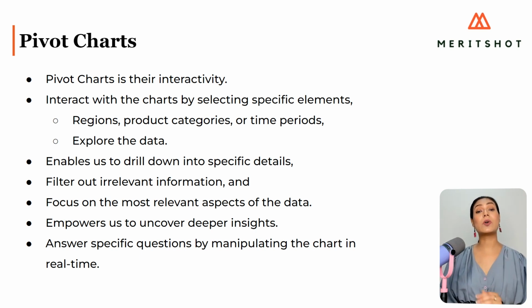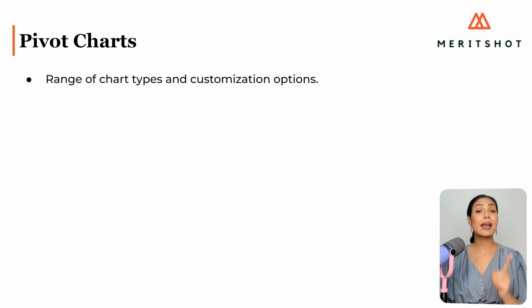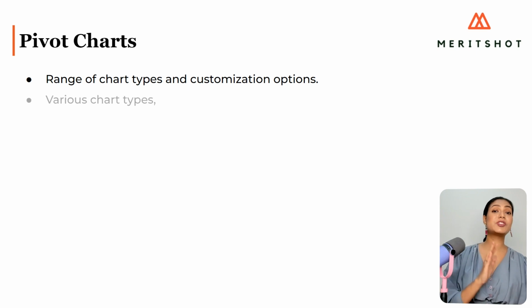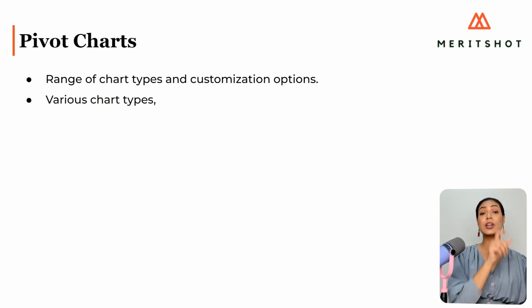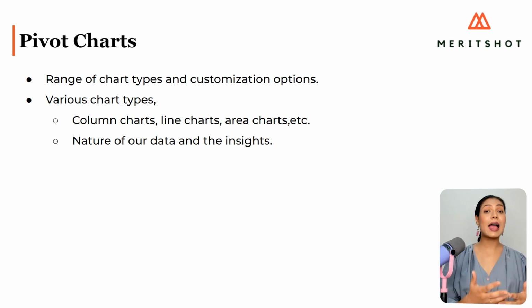Pivot charts also offer a wide range of chart types and customization options. We can choose from various chart types, including column charts, line charts, area charts, and a lot more. So depending on the nature of our data and the insights we want to convey, we can select the chart type.